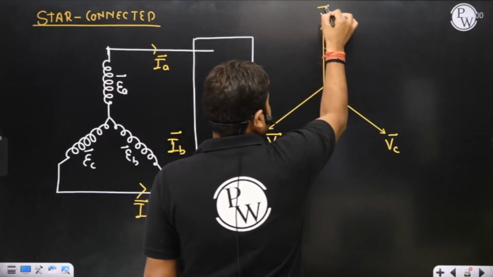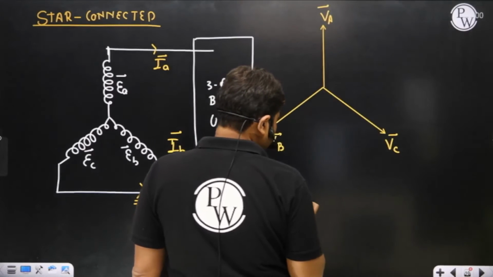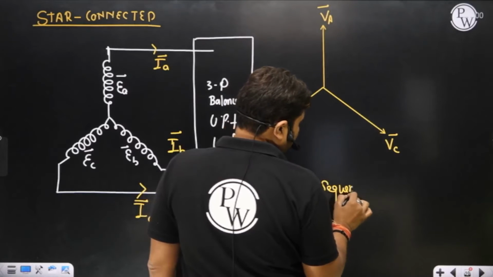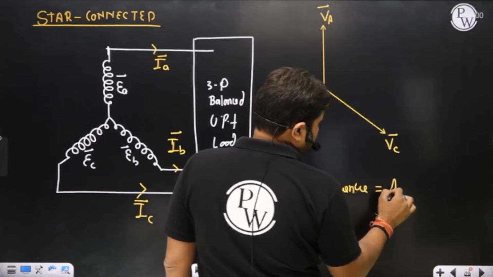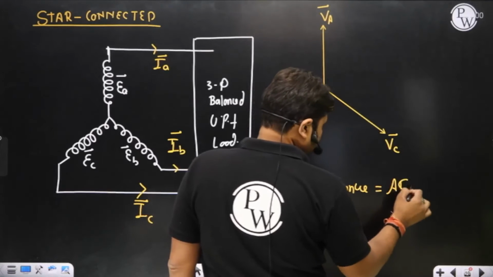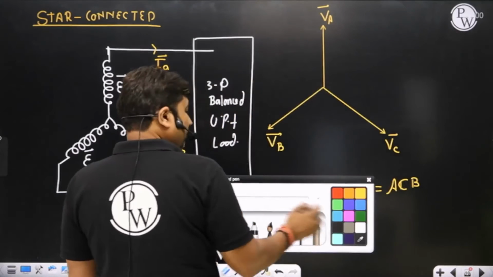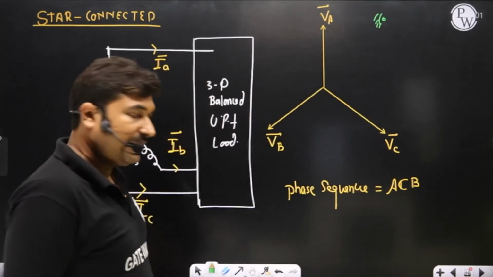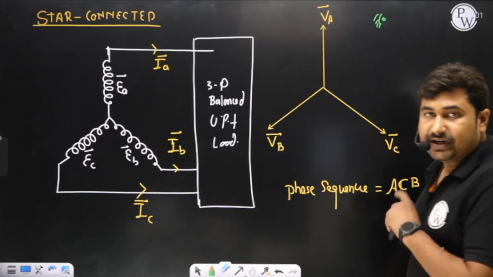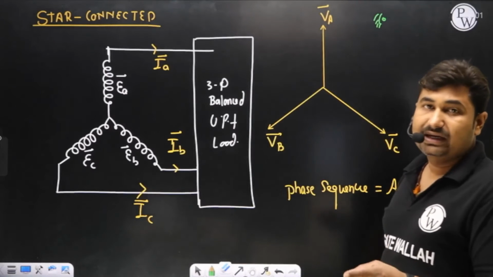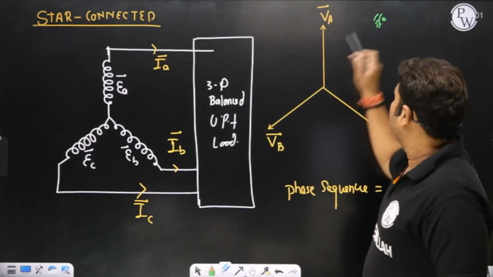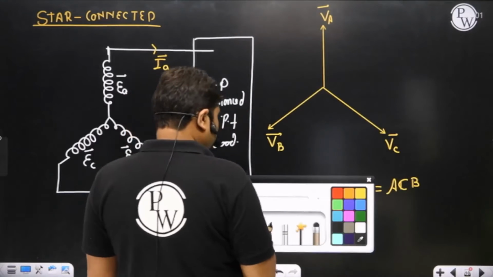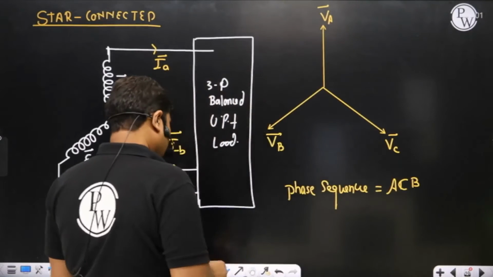Always staying stationary and observing the phasors rotating in an anti-clockwise direction, observe which phasor comes to peak first in front of your eye. For a unity power factor, the current is also in phase with the voltage.